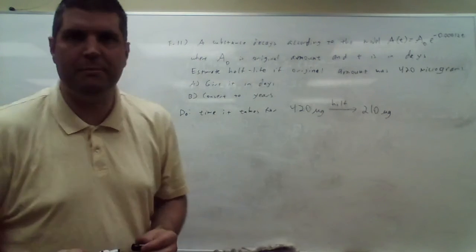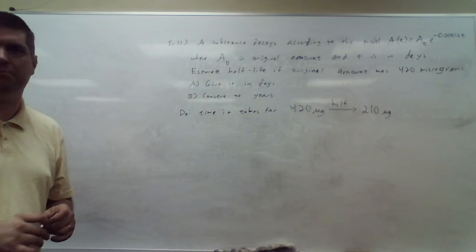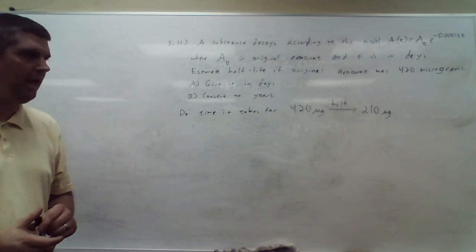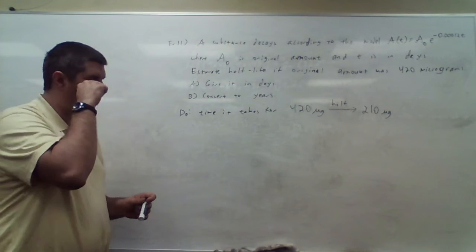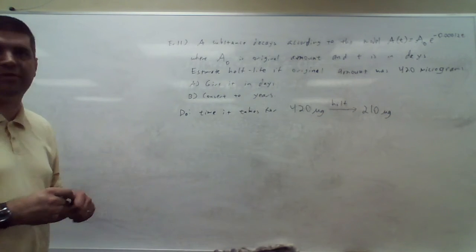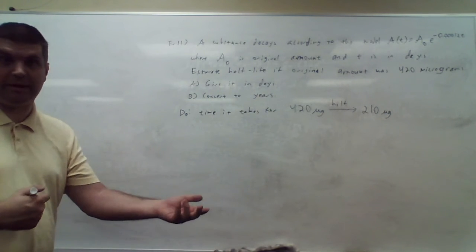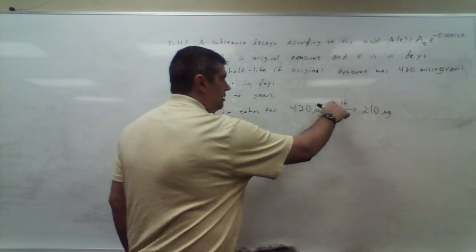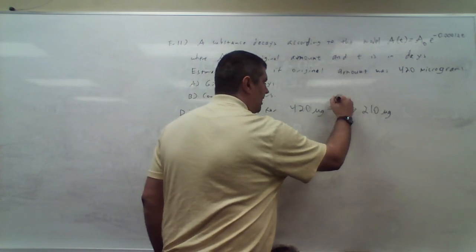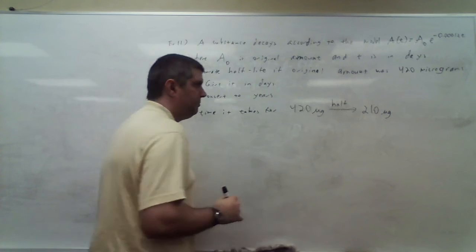Micro is metric for millionth. So a microgram is a millionth of a gram. A micrometer is a millionth of a meter, or a thousandth of a millimeter. Okay, that should be clear.